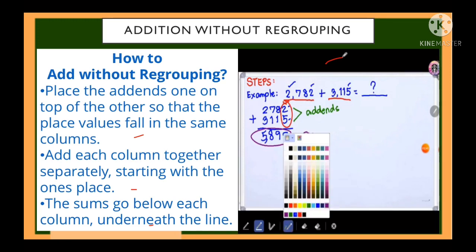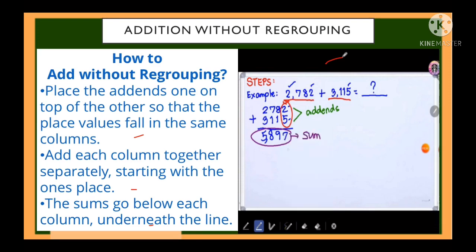So I will put here another set of numbers. 18,092 plus 1,806 equals blank.